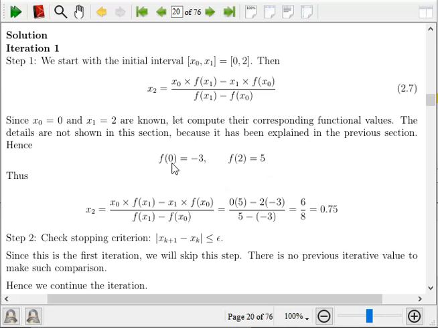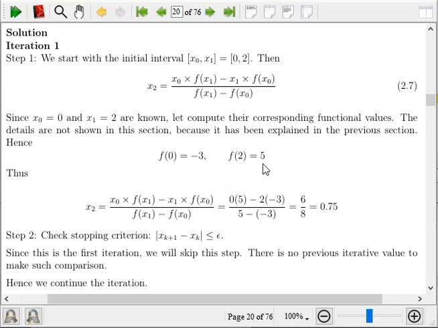So f of 0 is that, f of 2 is that. Then we plug it into the function. Let me edit this place for you to see it clearly.